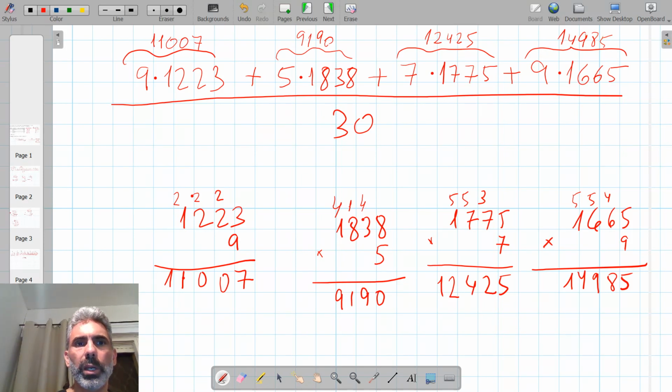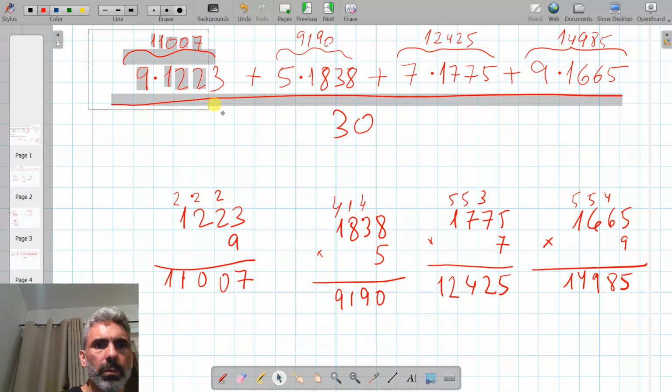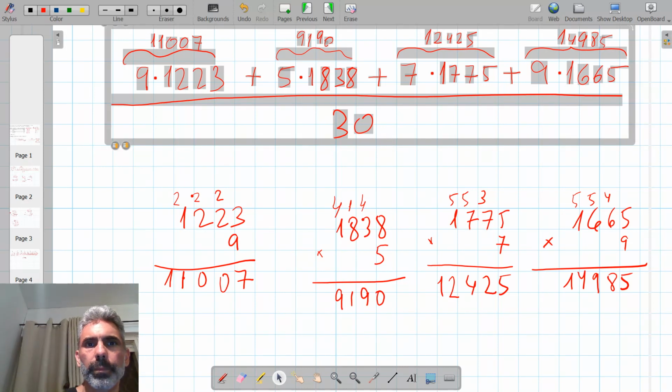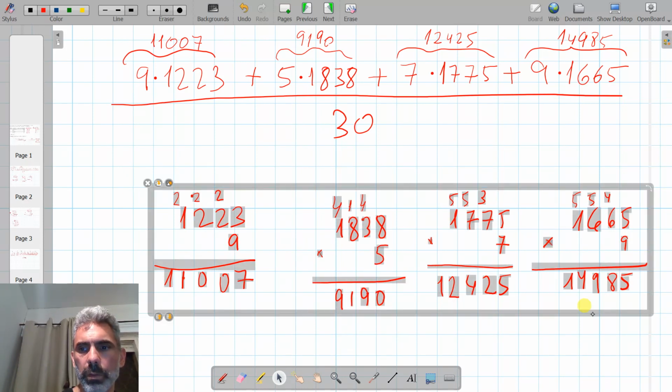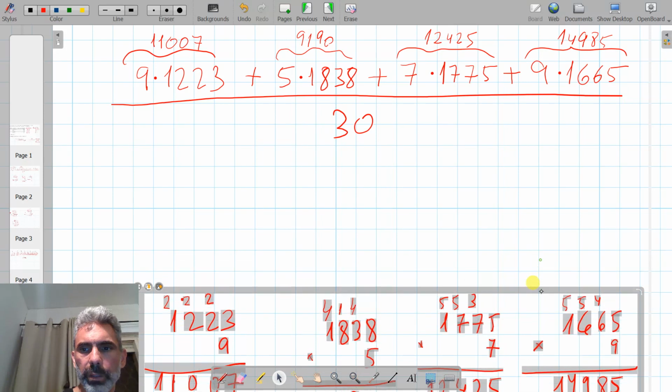Okay, so now we need to add all these numbers, and then we divide by 30. Okay, I'll move this down. Give me some space here.